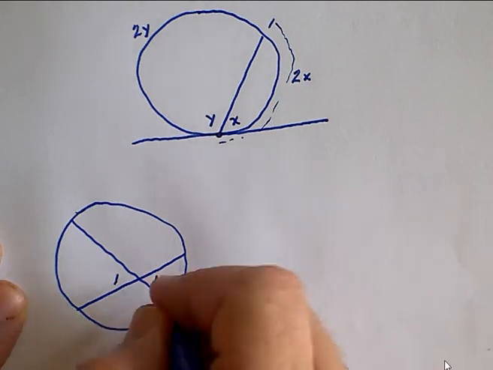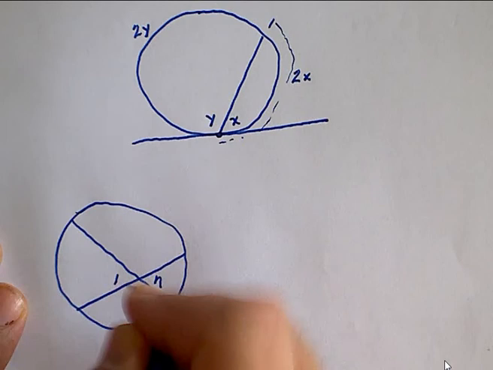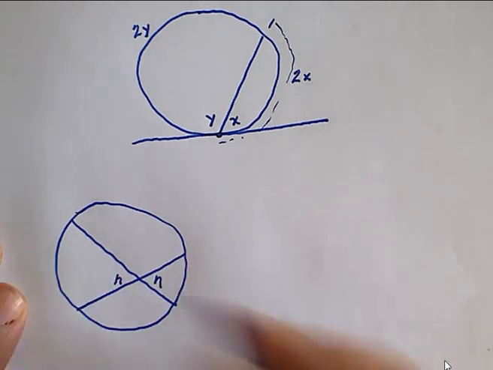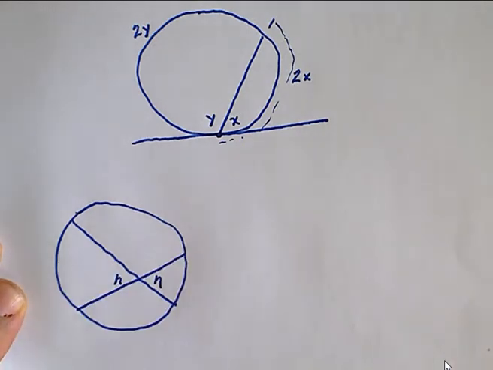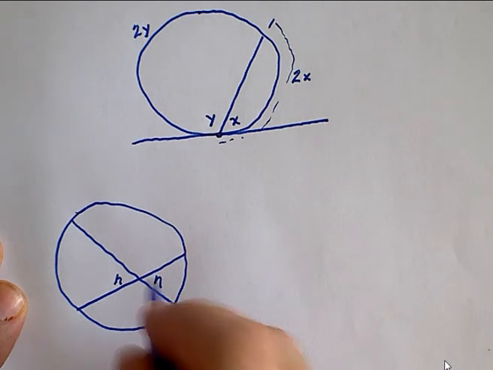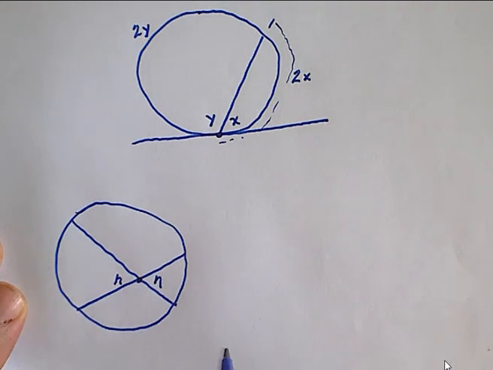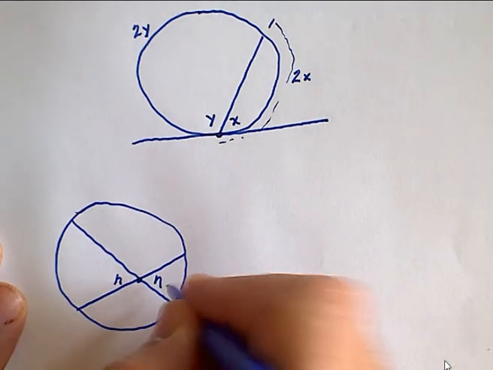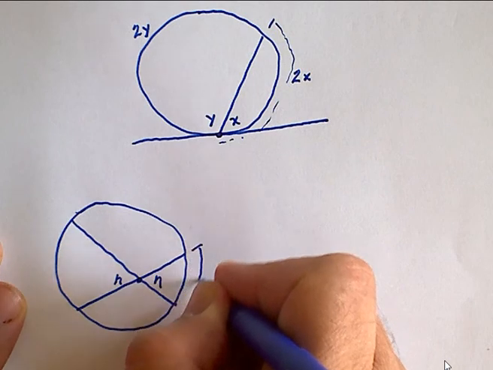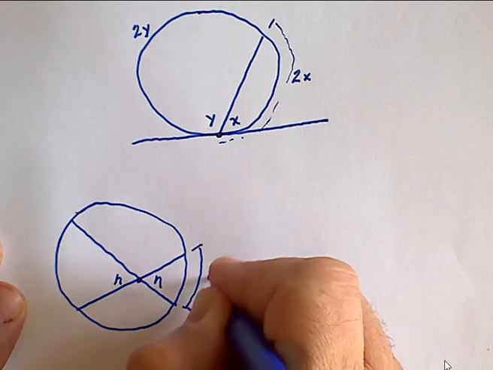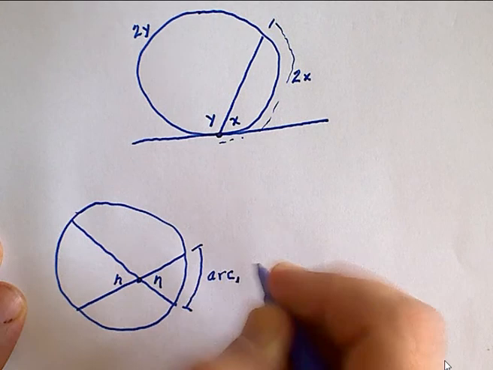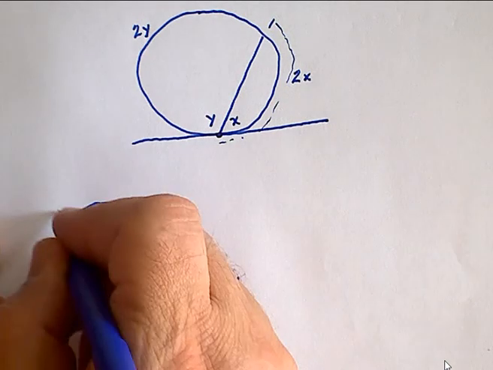Maybe I better label that n. So here's n degrees, and this is n degrees, because they're vertical, they must be the same. But if you look, this time the vertex is inside the circle, but not at the center. If it's at the center, we go back to that very first rule. This n cuts off this arc, and this n cuts off this arc.